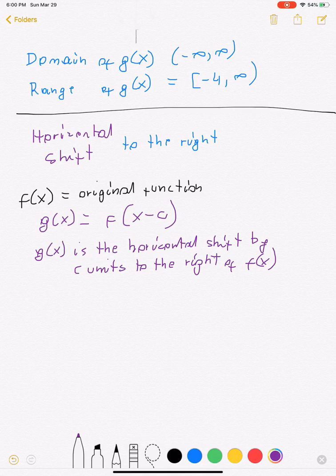So let's write a note. Note that horizontal shift affects x values.